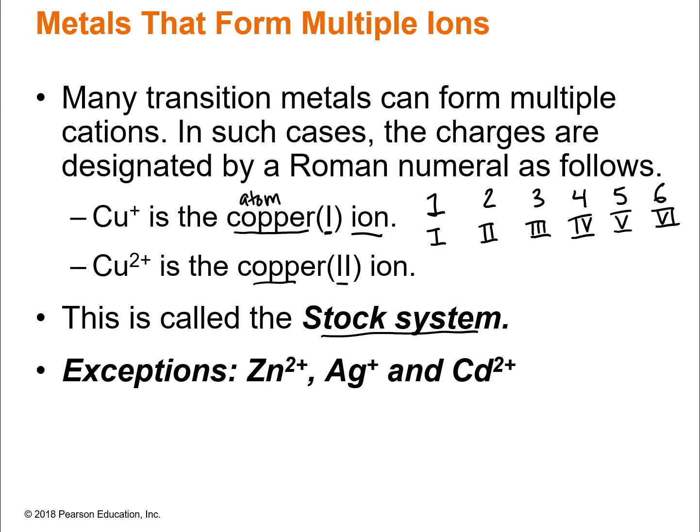We said many of the transition metals can form multiple cations. Not all. The exceptions you'll need to know are zinc, silver, and cadmium. They only form one cation. So you do not need to use the stock system for these because there's only one ionic state.